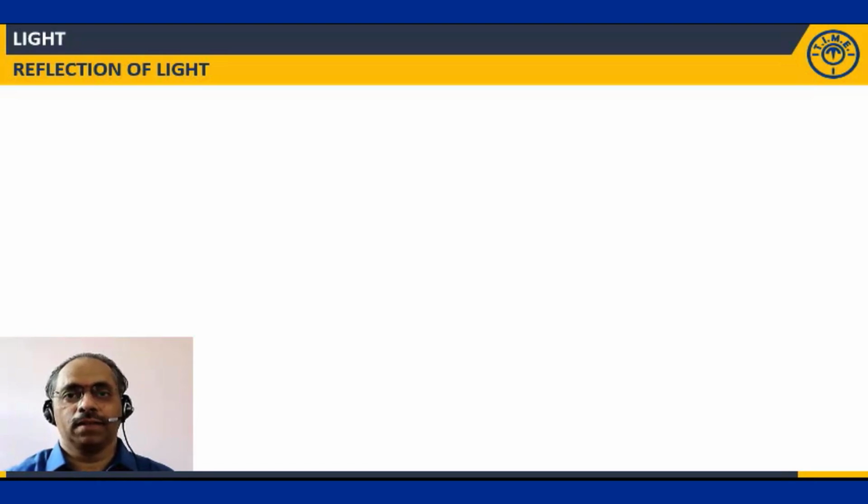And the terms related to spherical mirrors we also discussed. Terms like pole, center of curvature, radius of curvature, principal axis, principal focus, focal length. Clear. We also have seen how the incident light ray on a spherical mirror gets reflected in both concave and convex mirrors.